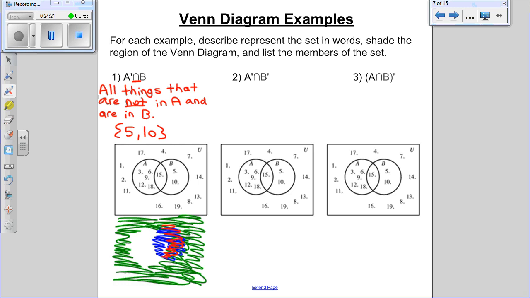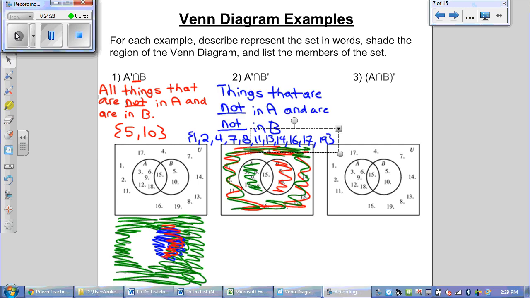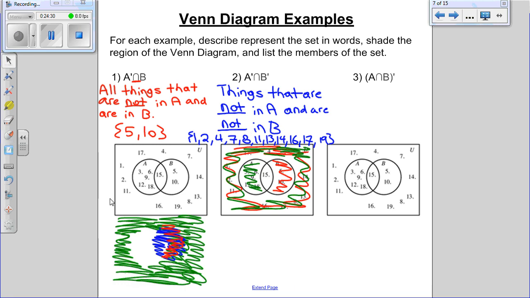Alright, if we look at number 2, we want to shade in all the things that are not in A and are not in B. So in the red, I have shaded all things that are not in A. So I shaded the entire outside plus the part of B that didn't intersect.